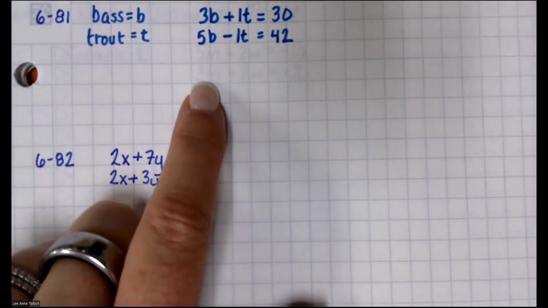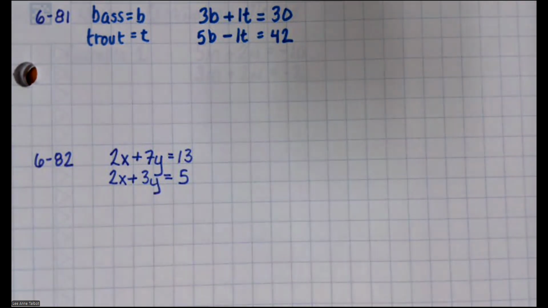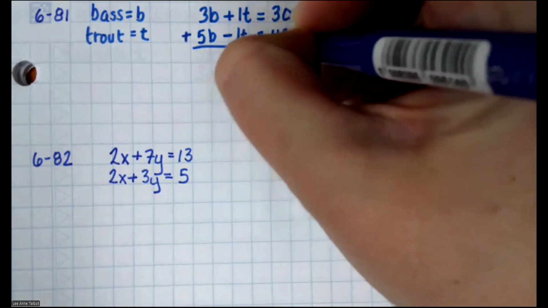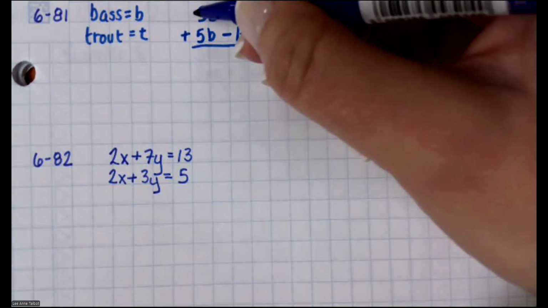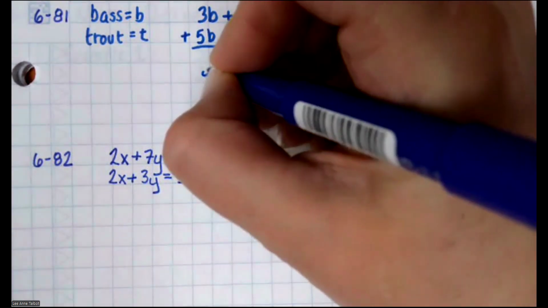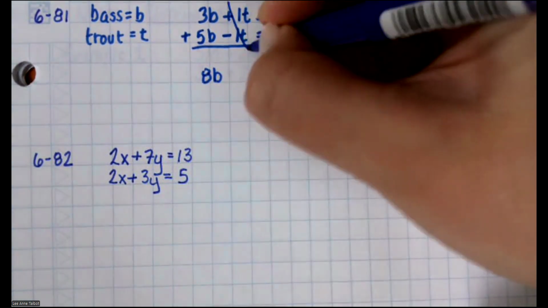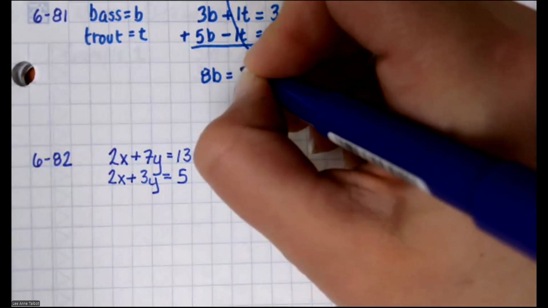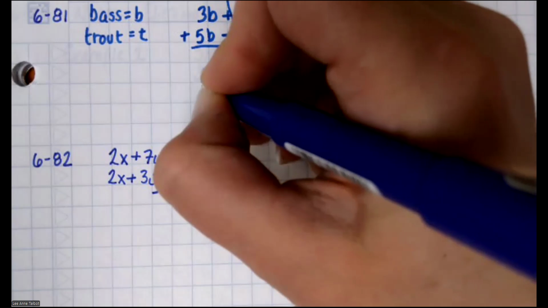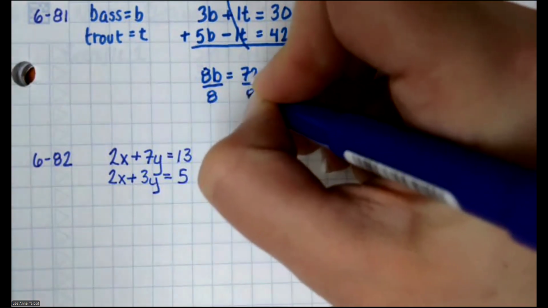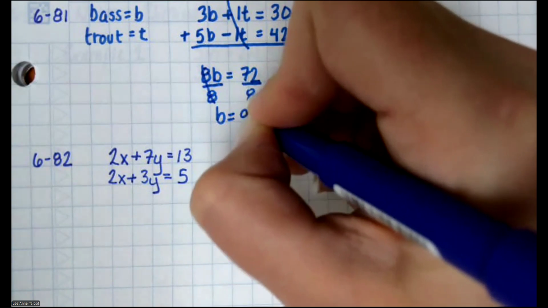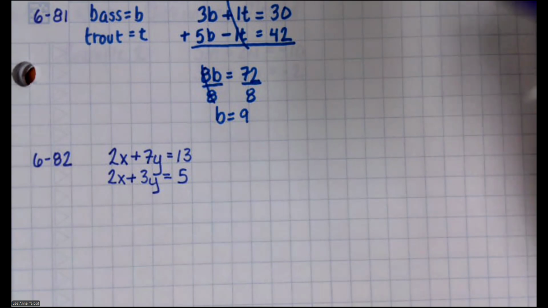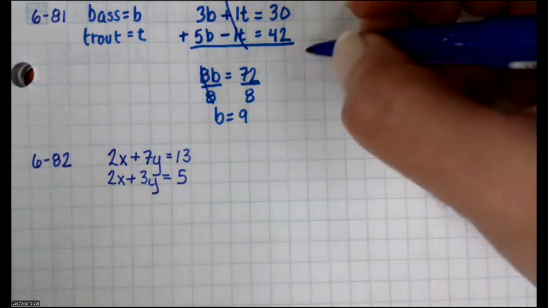Equal values, substitution or elimination? Elimination. Okay, so put a plus and a line. 3b plus 5b equals 8b. T's eliminate. Beautiful. 30 plus 42 is 72. Top equation again.